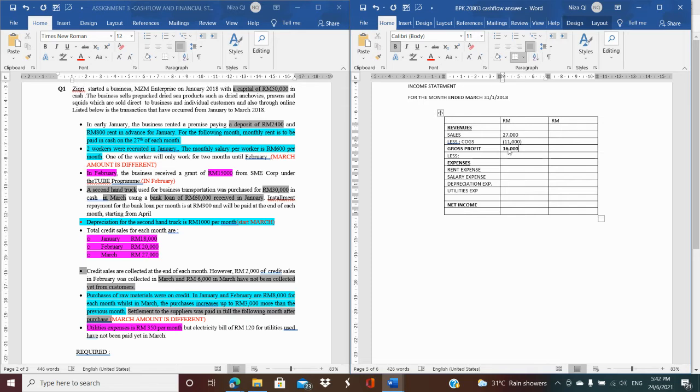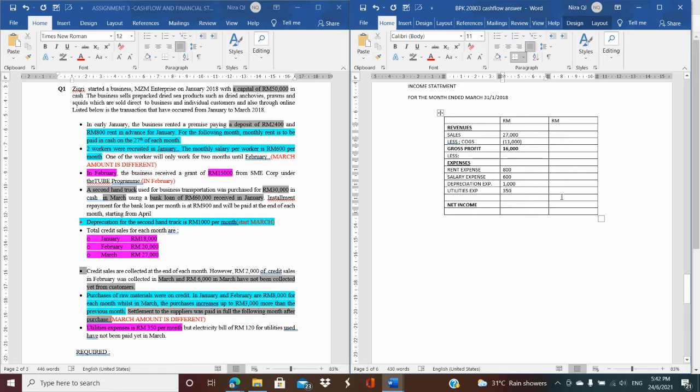Okay, so there's nothing else. Then what is the rent expense? It's 800. Salary expense, because there is only one worker, is 600. Depreciation expense, because there is a truck, that month will be 1,000, and the utilities expense is 350.